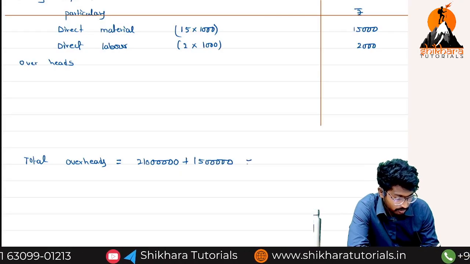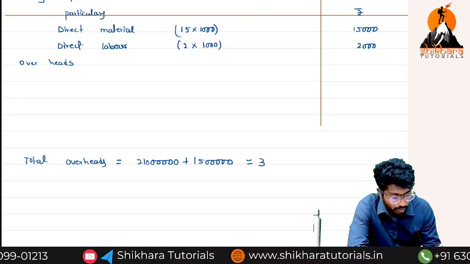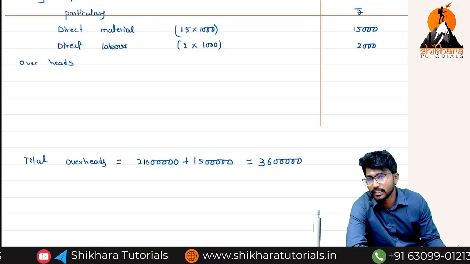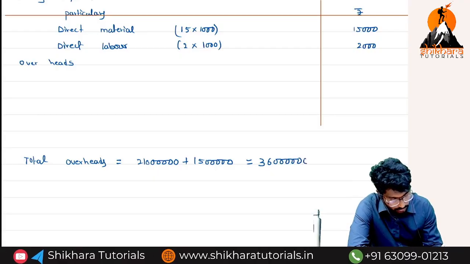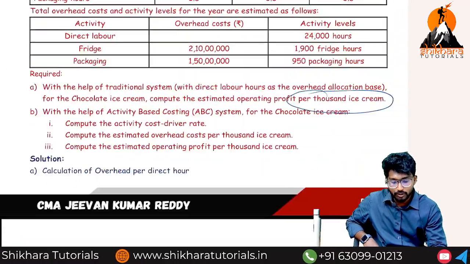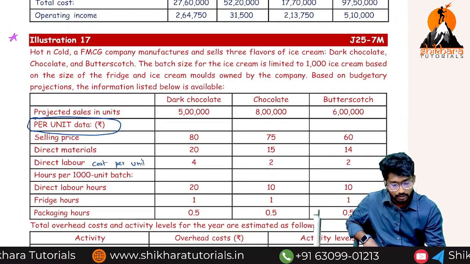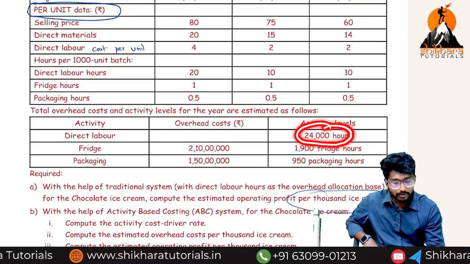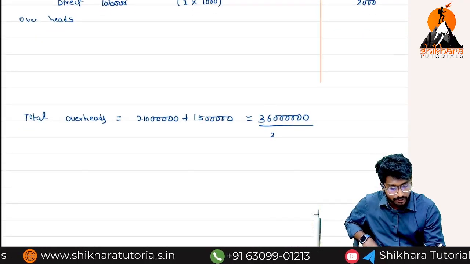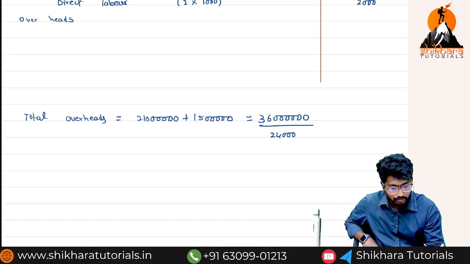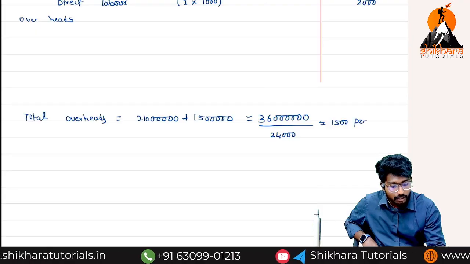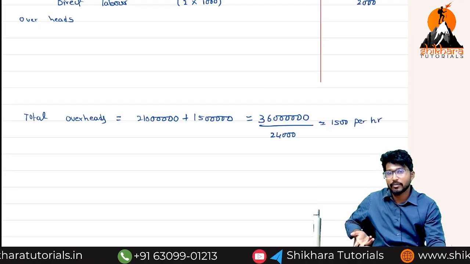Total is how much? 3 crores 60 lakhs, divided by how many labor hours we have in total? 24,000 hours. Divided by 24,000, it is 1500 per direct labor hour.